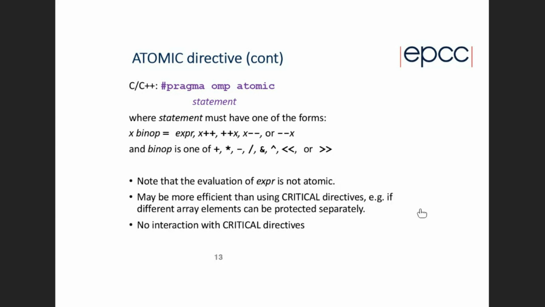This may be more efficient, particularly, and I'll show you an example in a minute, if the thing on the left-hand side is an array element. Then using atomic, it's possible to have concurrent updates to different array elements going on at the same time, whereas that wouldn't happen if we used critical.